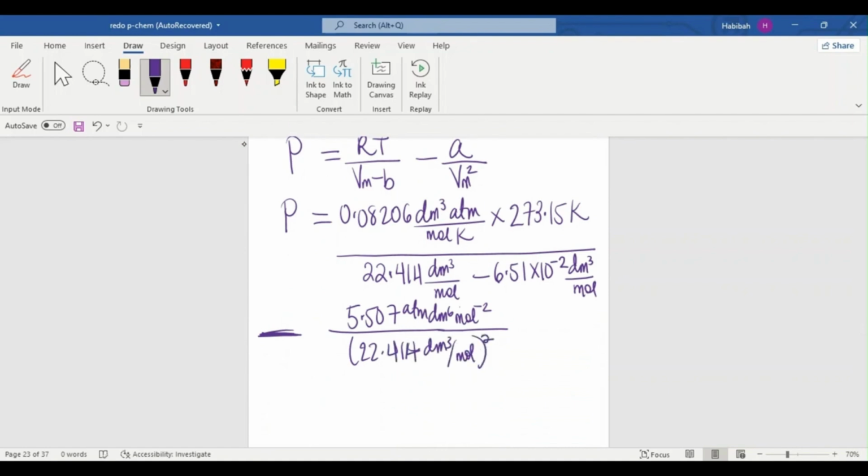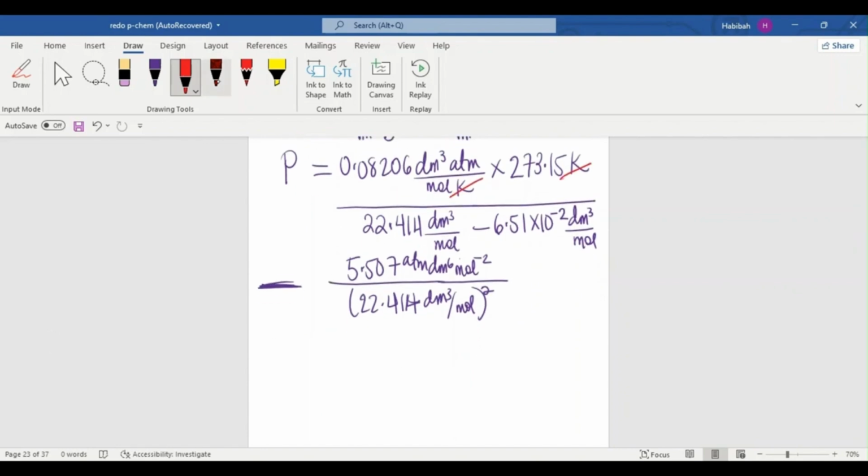So this is basically what we have. Yeah, that's how we do it. So let me start canceling whatever I can cancel. I can cancel out the Kelvin here. So we can go on to math since we have successfully substituted everything.